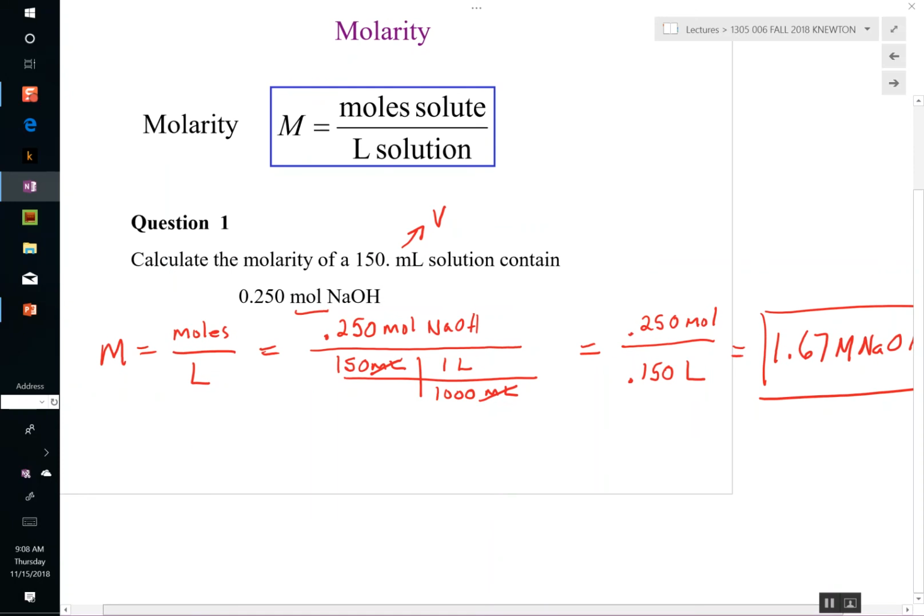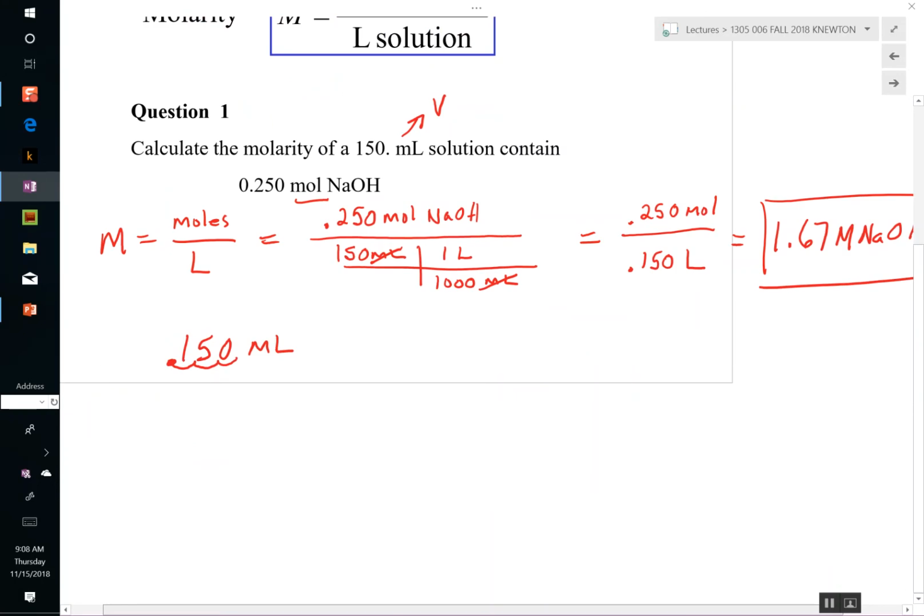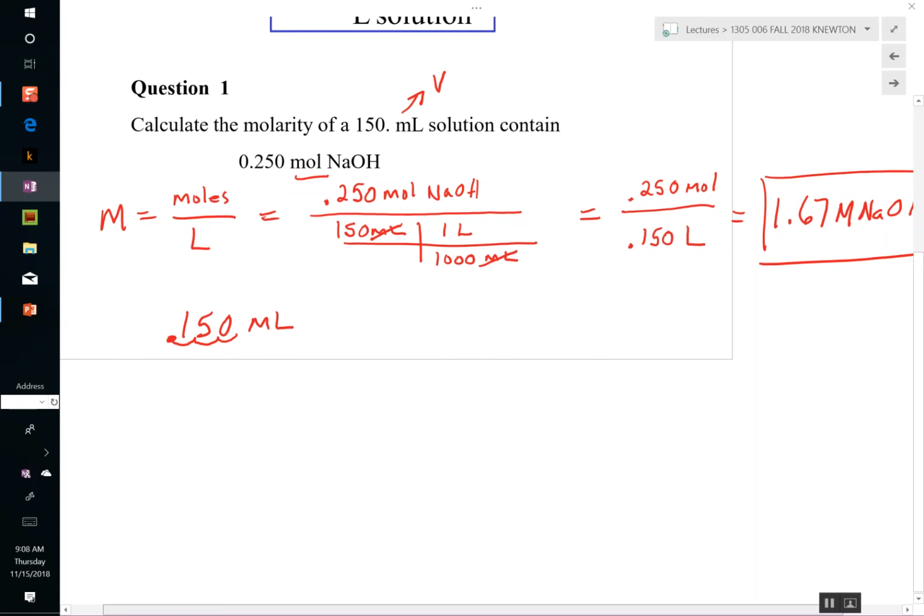Now, you can see what we did with the 150 milliliters. You divide it by 1,000. Dividing by 1,000 is the same as moving the decimal place over 3 places. So you can easily convert milliliters into liters by moving the decimal place over 3 places.